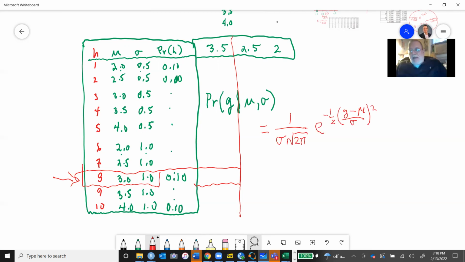That squared really makes things interesting. It's what's creating that pinch in. That square and that negative are creating this lovely shape. It's very much like an S. When we do this calculation, you see that 1 over sigma square root of 2 pi, well, I've chosen the right sigma, it's 1.